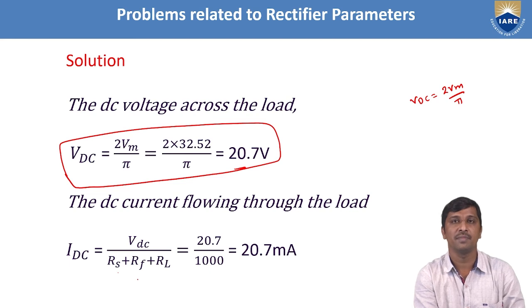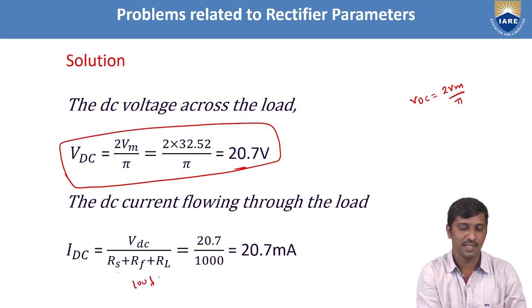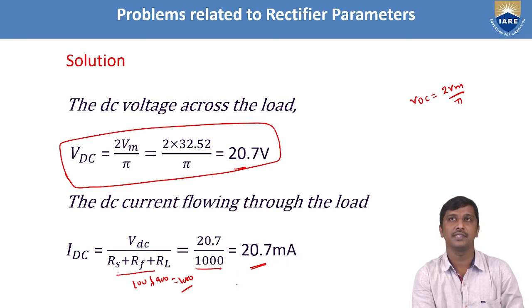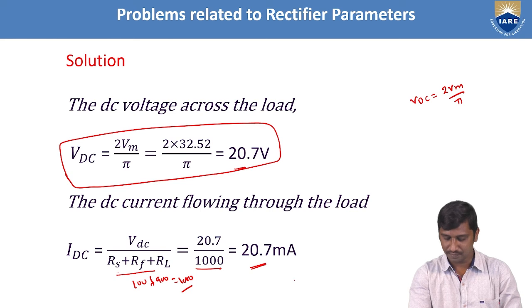The transformer secondary coil along with the forward resistance is 100 ohms and the load resistance is 900 ohms, so 100 plus 900 ohms, the total resistance is 1000 ohms. The DC voltage we just observed is 20.7 volts, divided by 1000 ohms, which gives a DC current of 20.7 milliamperes. So this is the DC current here.